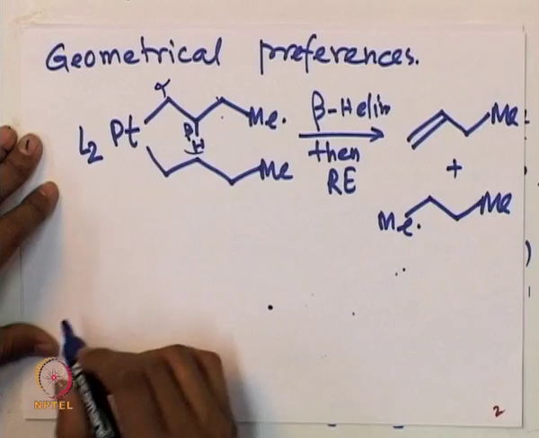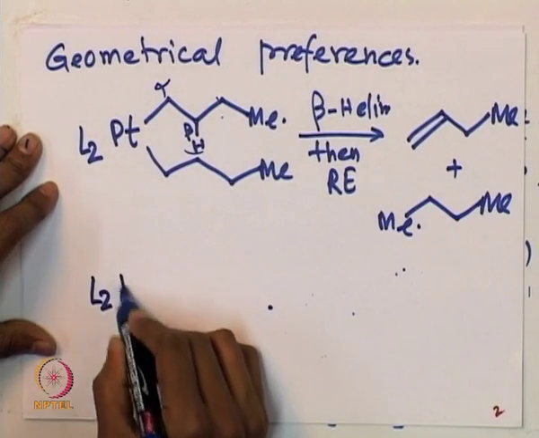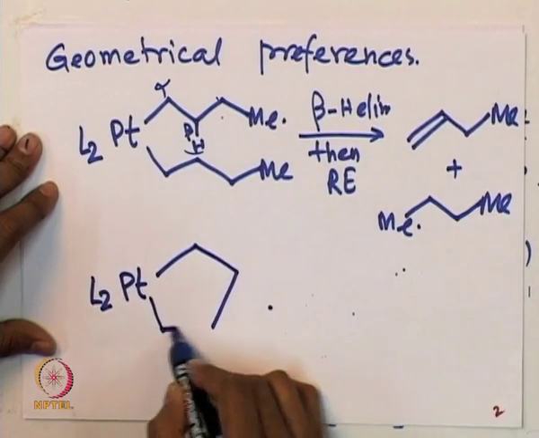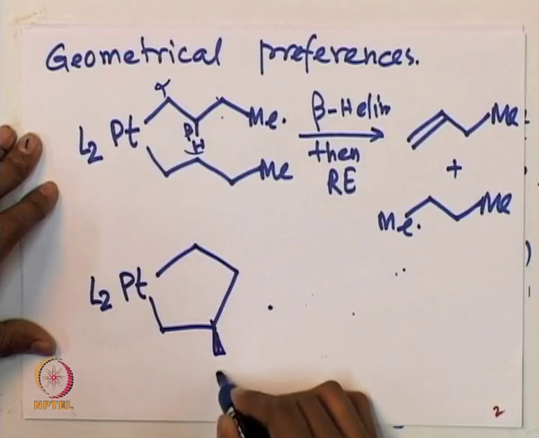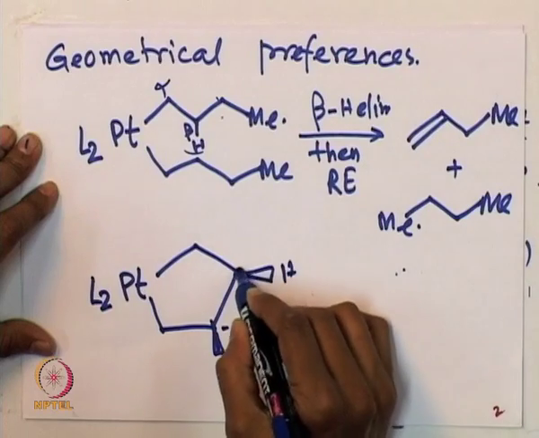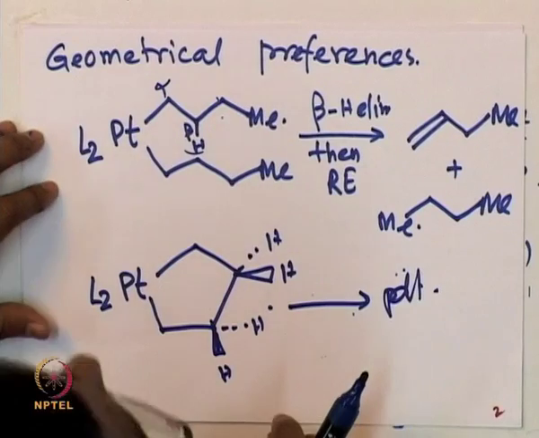Now that is good. If you have another reaction of similar type, but in this case you have certain strain in there, and of course these are hydrogens, then of course you are going to get the beta hydride elimination products.